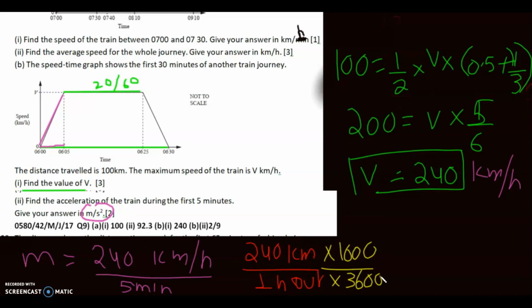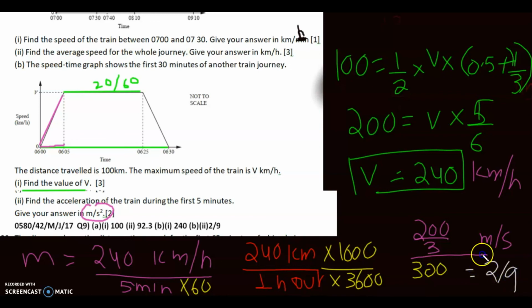So the numerator becomes 200 upon 3 meters per second, divided by the denominator should be in seconds as well. So I'll simply multiply 5 with 60 over here. 5 times 60 gives 300. So now divide these. 200 divided by 3 whole divided by 300, which is giving me 2 upon 9, which is the correct answer.